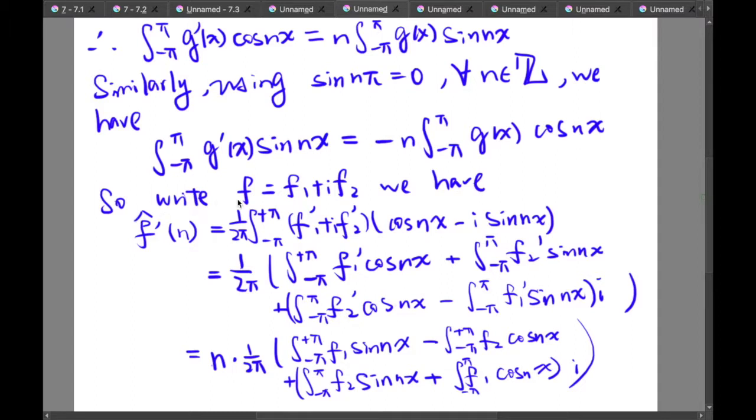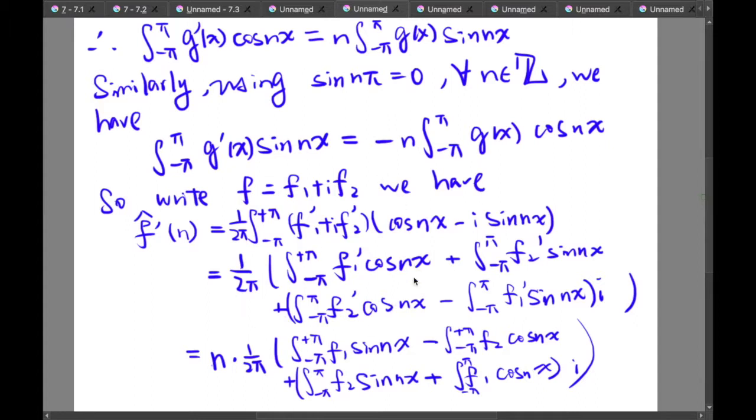So if we write f equal to f1 plus i f2, we get that the hat of f prime at n is equal to 1 over 2 pi times the integral from negative pi to pi of f1 prime plus i f2 prime times cosine nx minus i sine nx. After we expand these two complex numbers and divide into real and imaginary parts, we get such an expression.